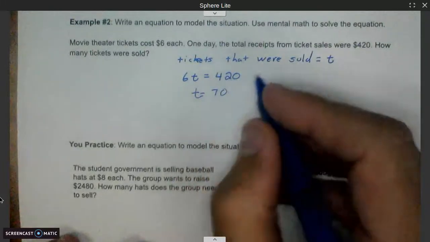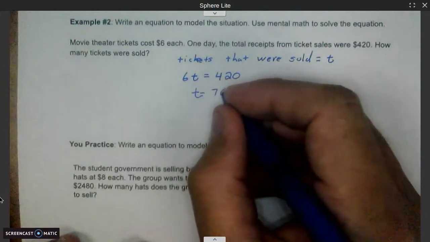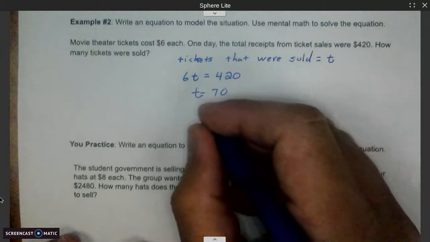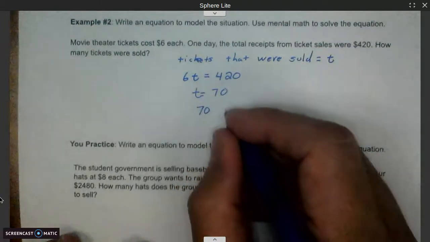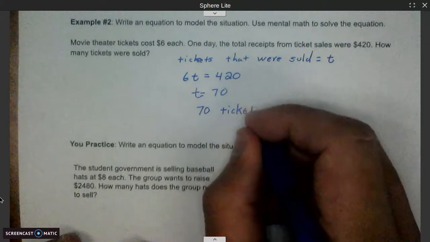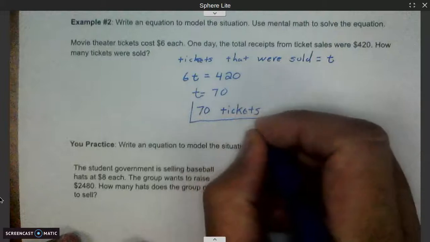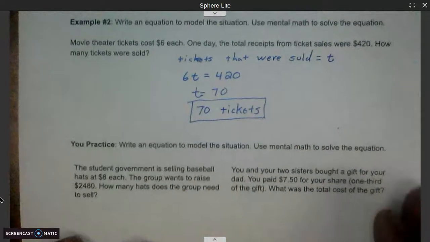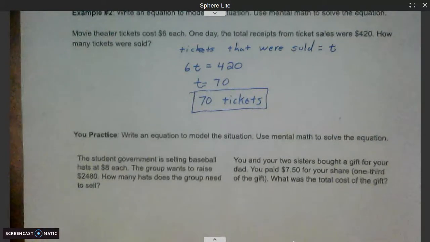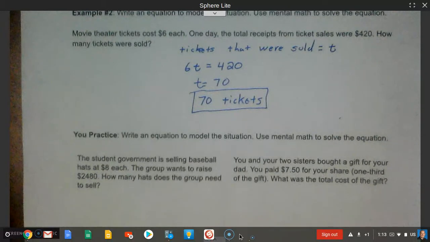The number of tickets that were sold is going to be 70. Now we don't want to just say 70. We want to tell what it is. We want to say 70 tickets. Go ahead and try the uPractice on your own, and when you're done, we will check it and make sure you're good.